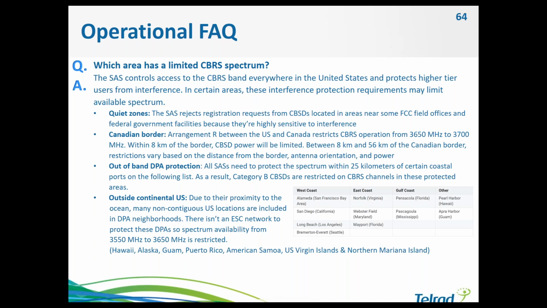Compared with the whole United States territory, this is very small, but these areas exist. There are some for the islands. There are also some rules on some parts of the spectrum. It's restricted or available, so you need to check in your area. Also, you can check with the SAS, and you can check on a map whether you are close to any of these situations or not.